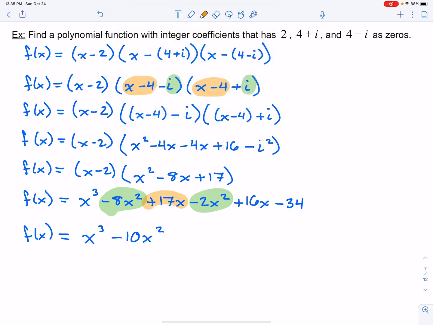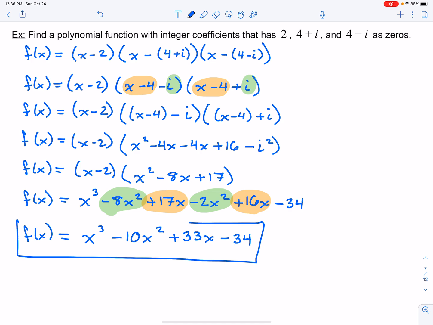I've got a 17x and a 16x, so that adds up to 33x, and then our minus 34 constant on the end. When we look at this, this is a polynomial function. It's in standard form, highest exponent down to lowest, and all of our coefficients are integers, so we have completed our task here. This is our answer.